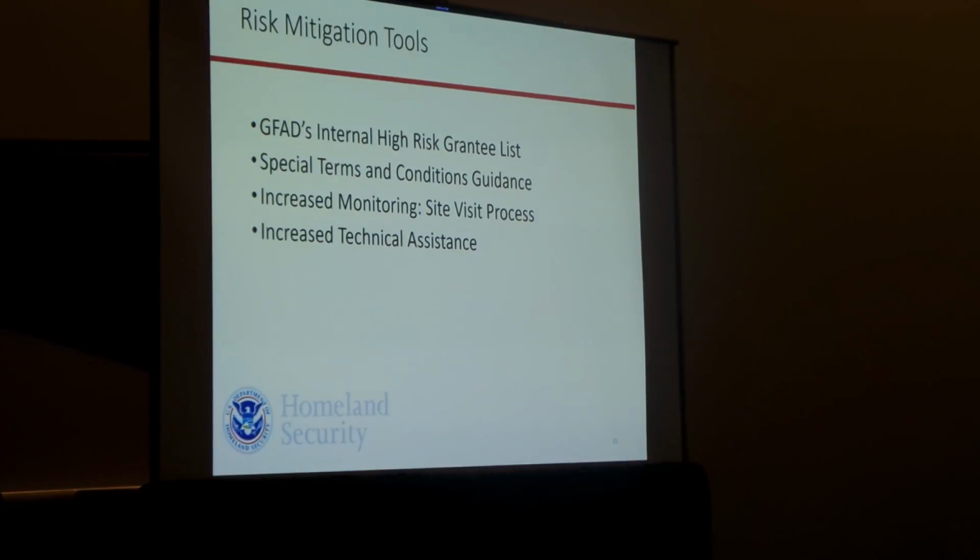Establishing the risk mitigation tools allows GFAD to develop a strategy and/or action plan to deal with weaknesses that can affect the grant project's outcome. GFAD found that the use of these mitigation tools can lessen, reduce, or totally eliminate adverse actions before they become big problems.